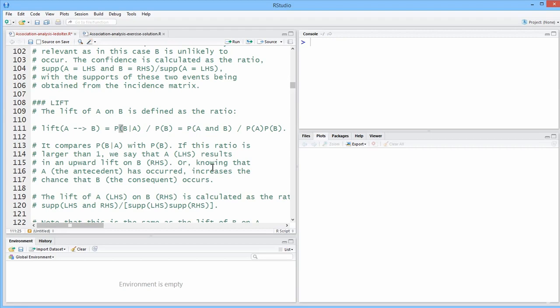There's a greater likelihood that they will buy B as compared to all transactions in which they just buy B. So you could think of lift as the increased probability of them buying B given that they buy A. A lift of 1 means knowing that they bought A doesn't tell you anything at all. So you want high lift.